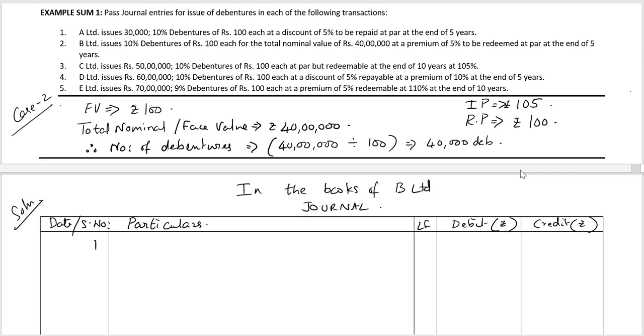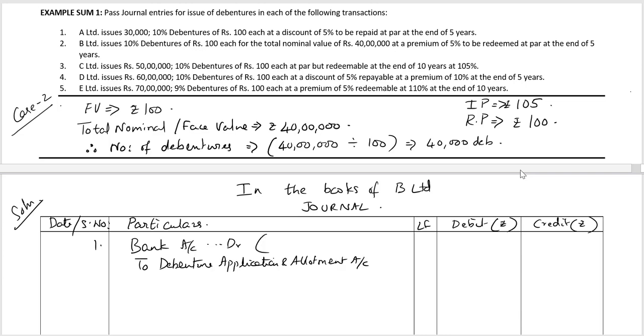The first entry is for the application and allotment money received. Bank account debit to debenture application and allotment account.